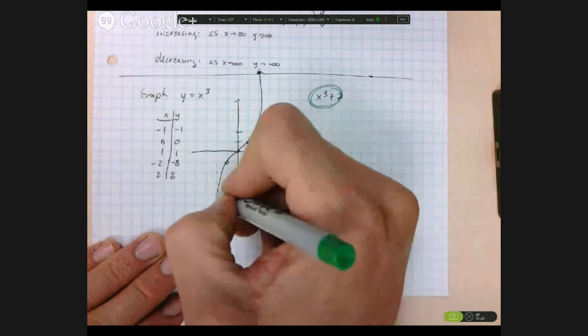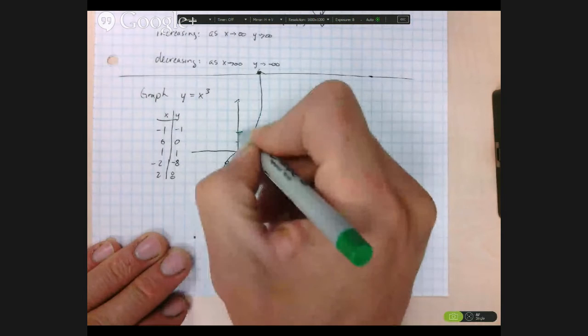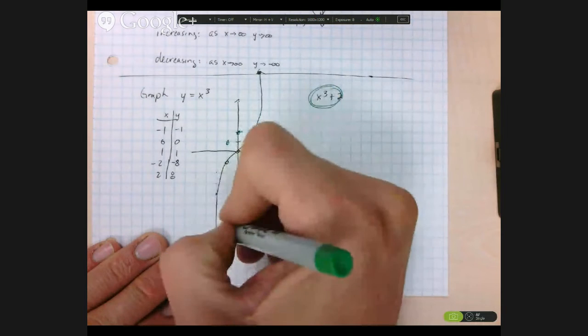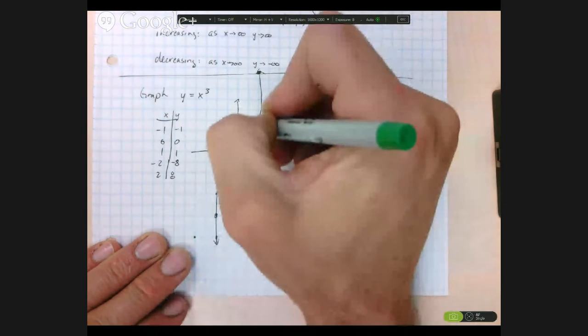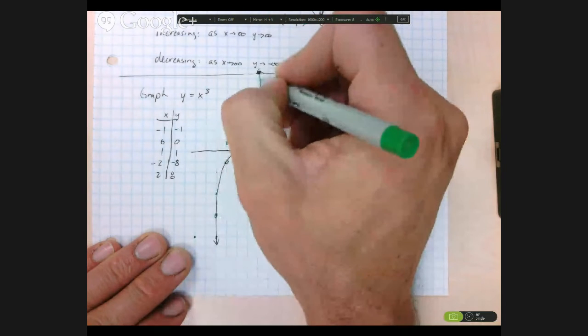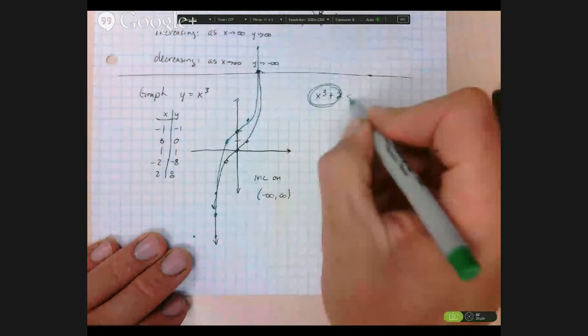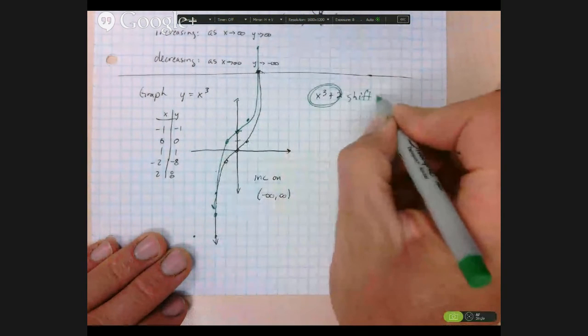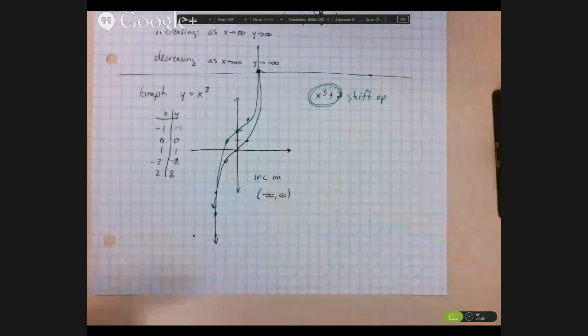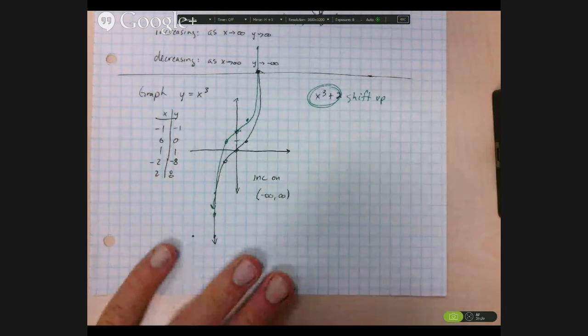Everything here, here, here, here. So I just moved it up 2. Okay, so that's a shift up.